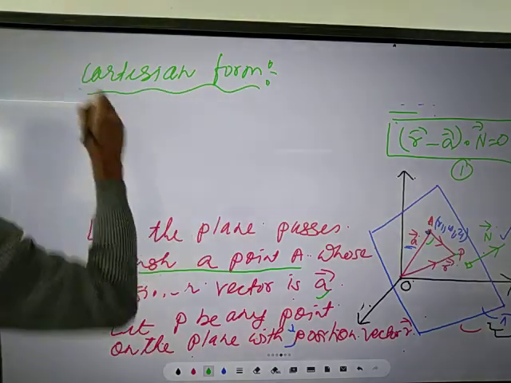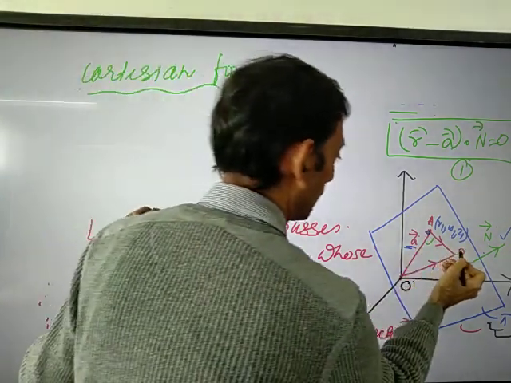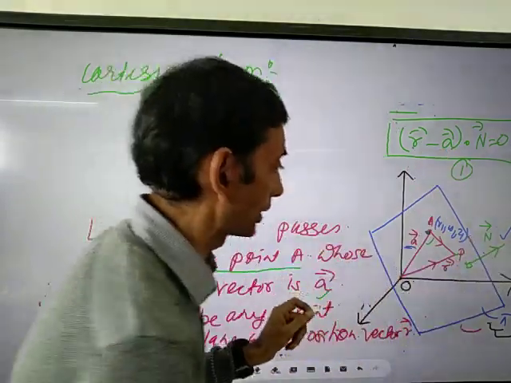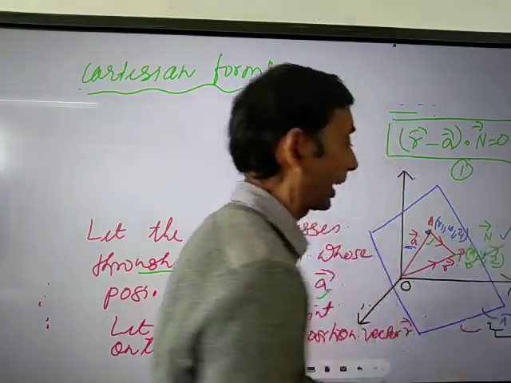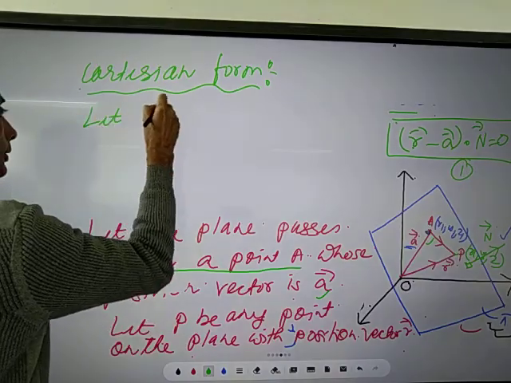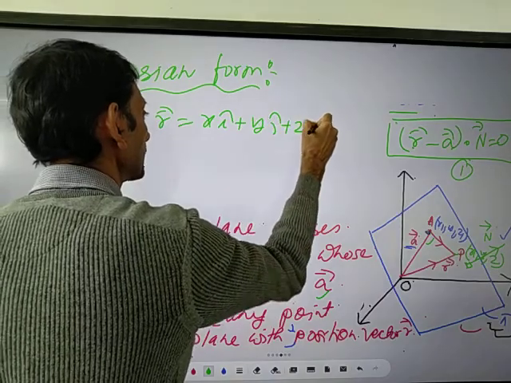To derive the Cartesian form of the equation of the plane, we know this R can be written in terms of coordinates. P is an arbitrary point. We take the coordinates of P as x, y, z, and let R equal x i cap, y j cap, and z k cap.